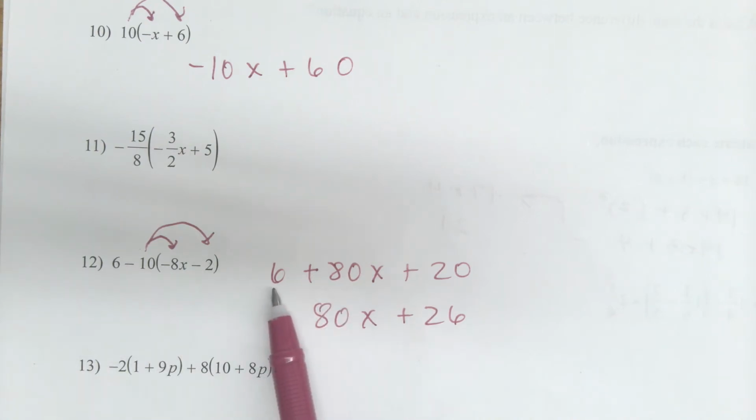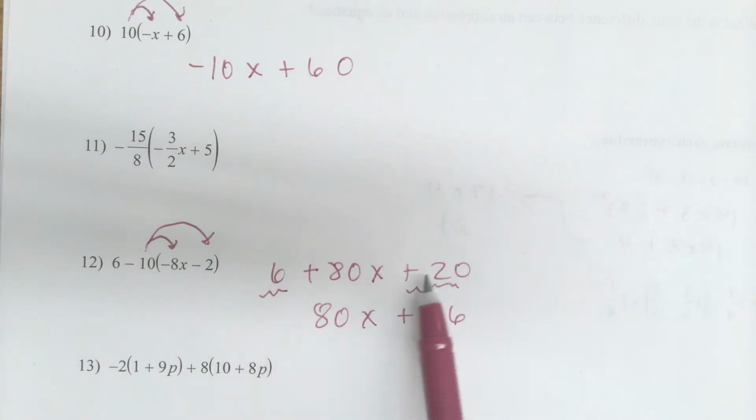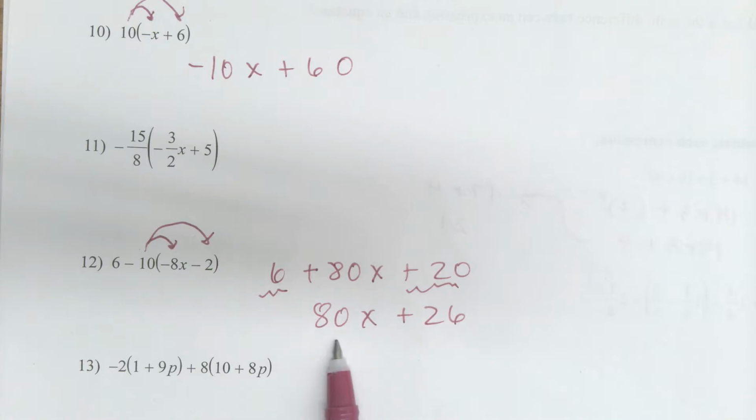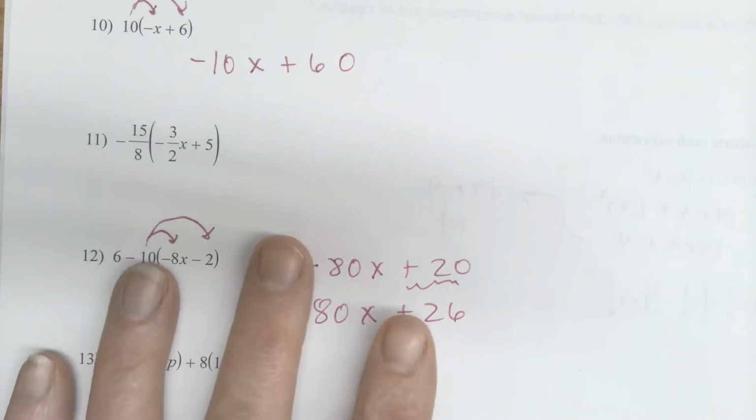Then I combine like terms. The 6 and the 20 are like terms. 6 plus 20, 26. Usually, typically, the x term will go first. That's not required, so it could be 26 plus 80x. All right? That's chapter 1. That was all of chapter 1.